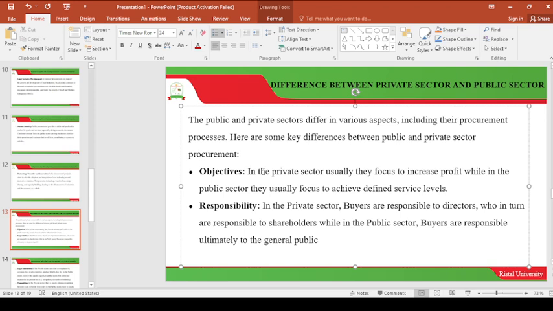Because the main aim of the businesses or organizations under the private sector is to maximize profit. So their objective at the end of the day is to make profits and grow. But in the public sector or in government settings, usually their focus is to achieve a defined service level.